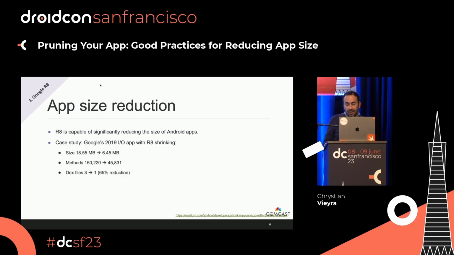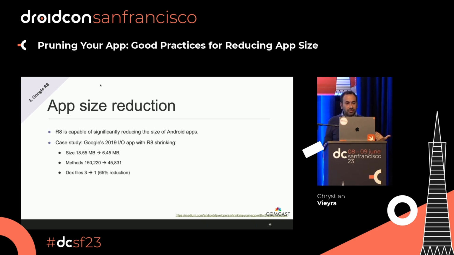In general, R8 is capable of significantly reducing your app size. Here, again, I brought another case study. This one is from Google, from the Google I/O app from 2019. The original file size of the app was 18 megabytes. Once they applied R8, it became 6 megabytes.